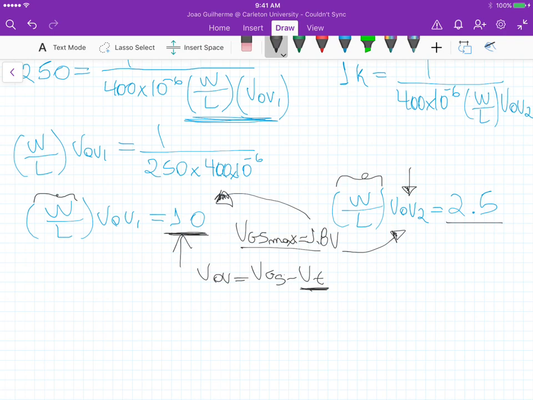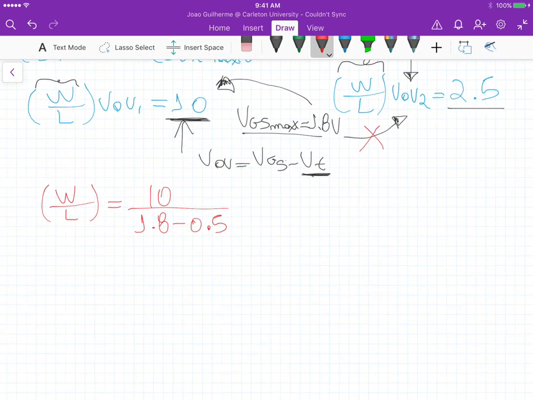So if we substitute VGS 1.8 in this first equation, we get an aspect ratio equal to 10 divided by 1.8 minus 0.5, that's the threshold voltage.